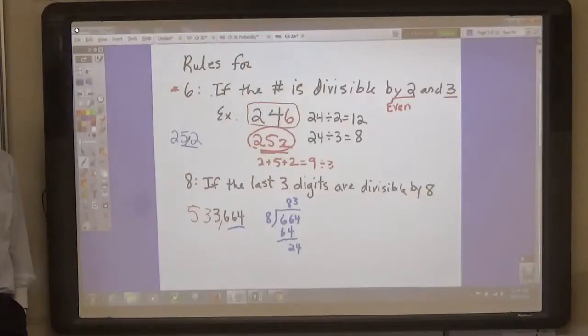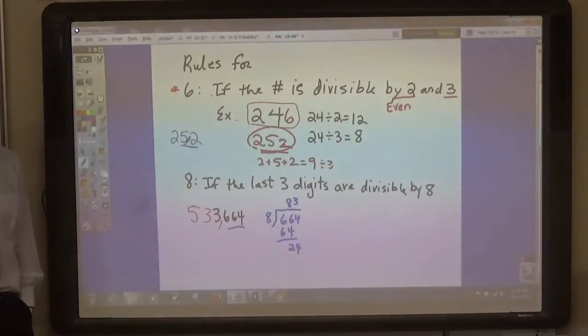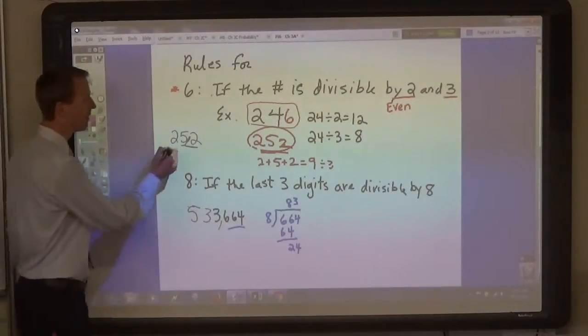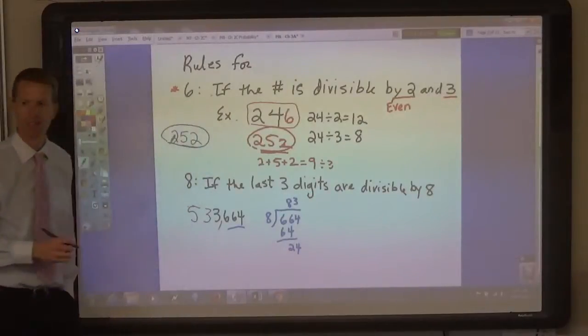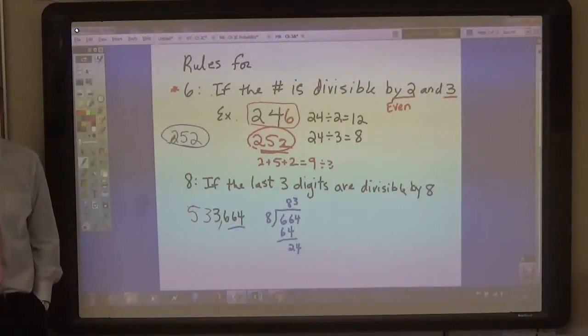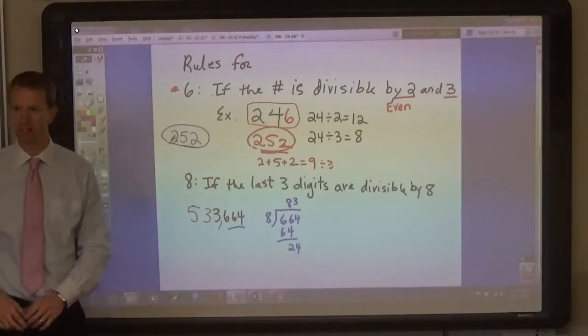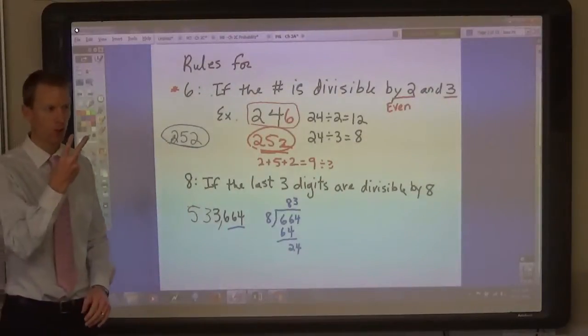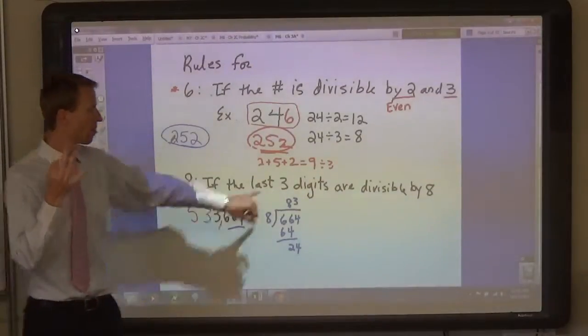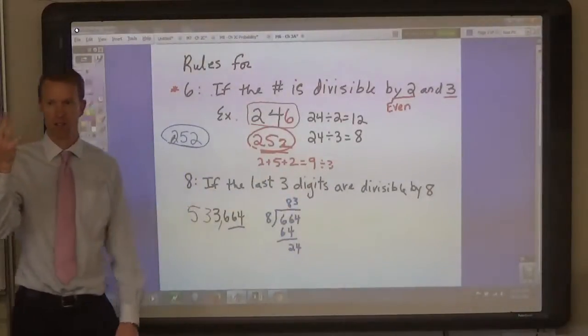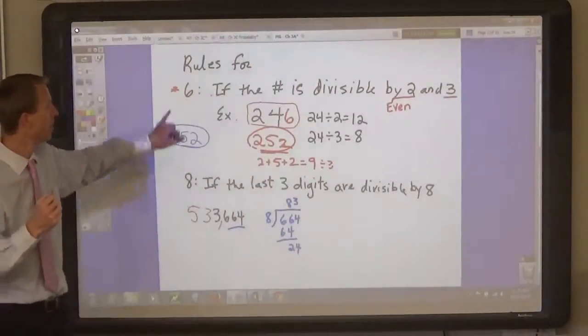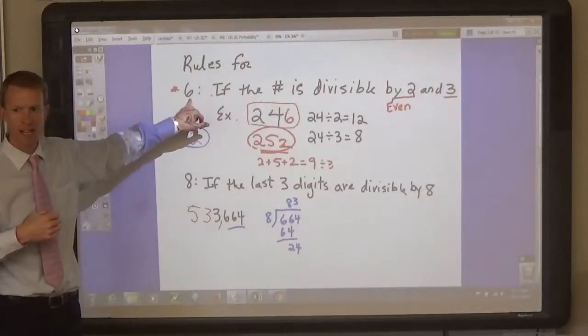Is 52 divisible by 4? Yes. What's 52 divided by 4? 13. So is this number divisible by 4? Yeah. So what numbers is it divisible by so far? 2, 3, 4, and 6.